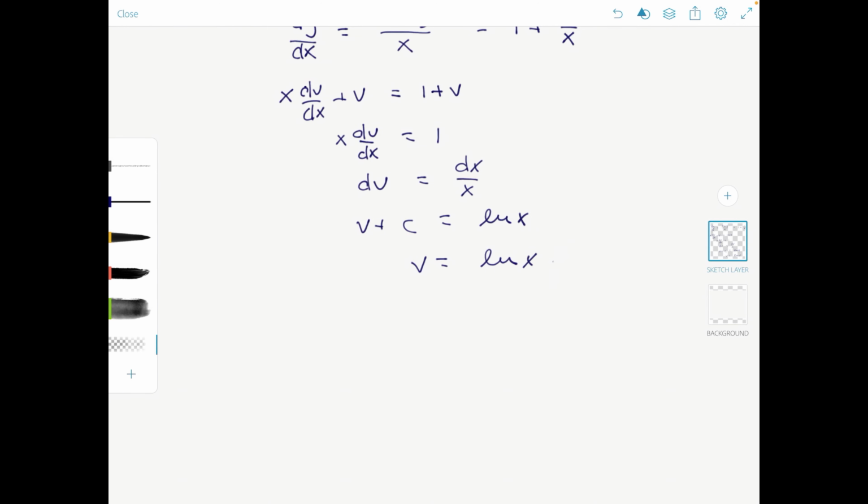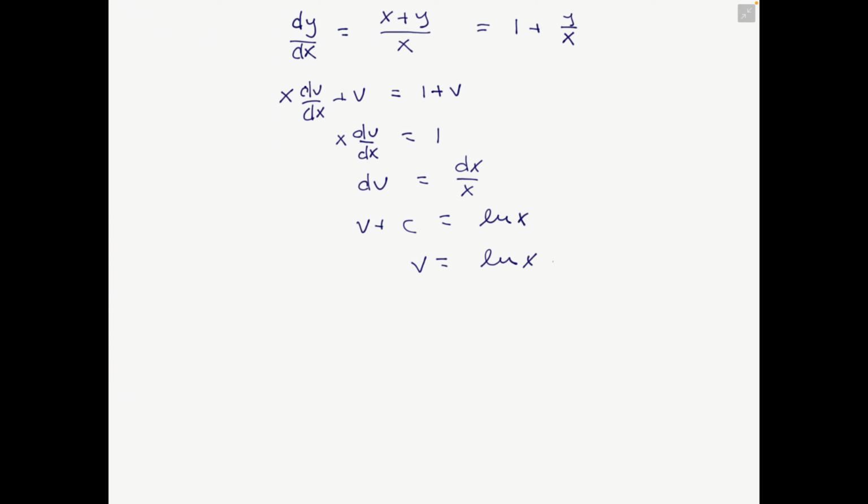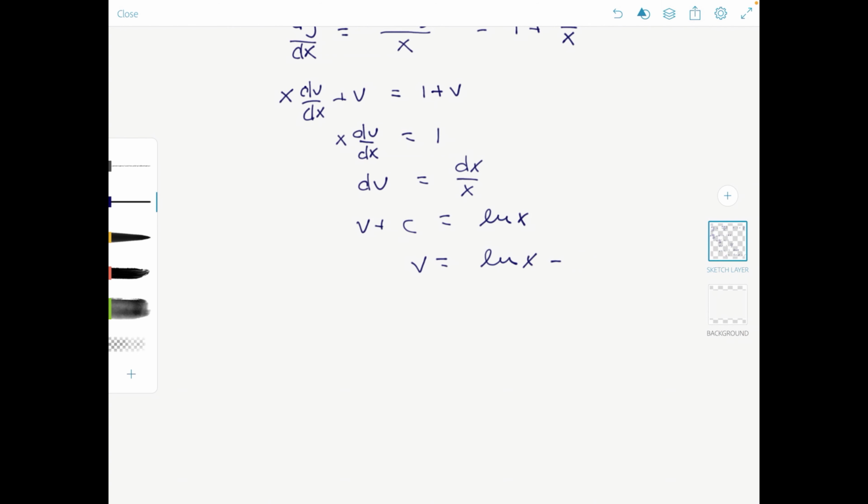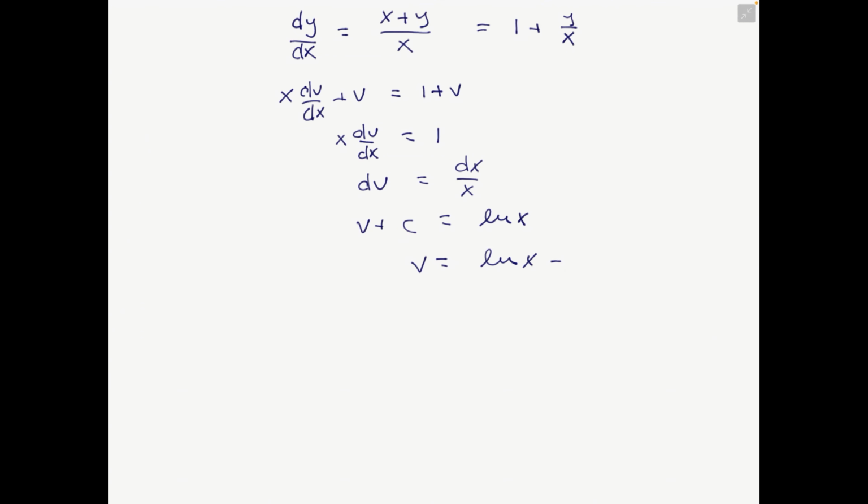Thought I had it on the eraser. Okay. Minus c. Oh, oops, I wrote x. Gotta pay attention. So we have y on x equals ln x minus c. y equals x ln x minus cx.